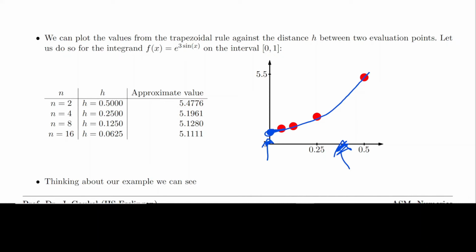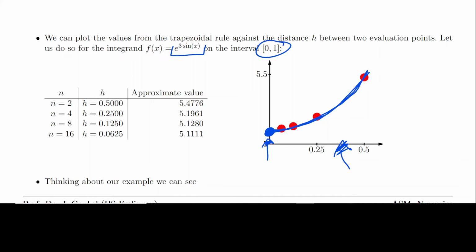So the idea is, let's interpolate these 4 points and then evaluate at position 0, and the hope is that we get a better approximate value for the integral of e to the power of 3 times sine x on the interval 0, 1.